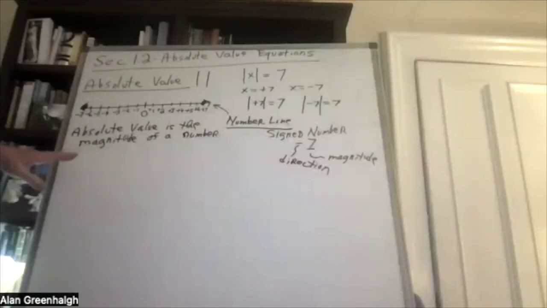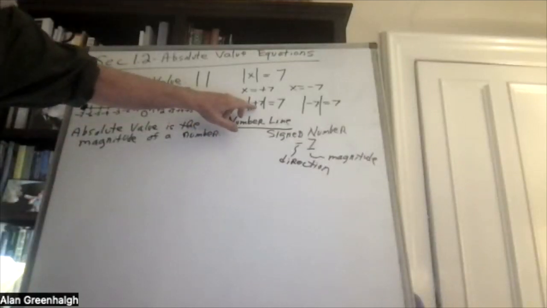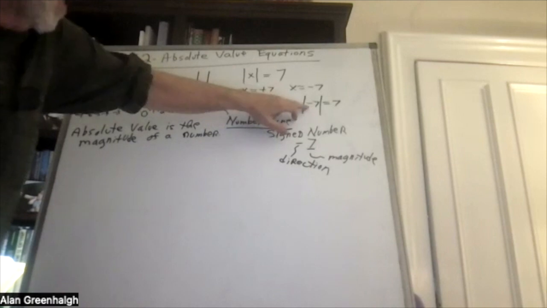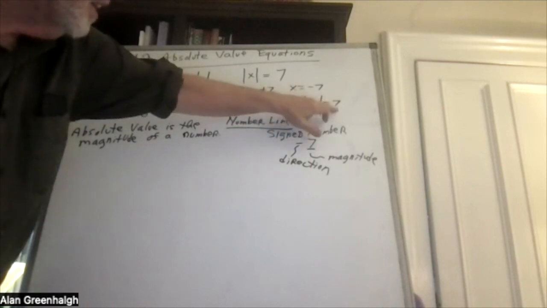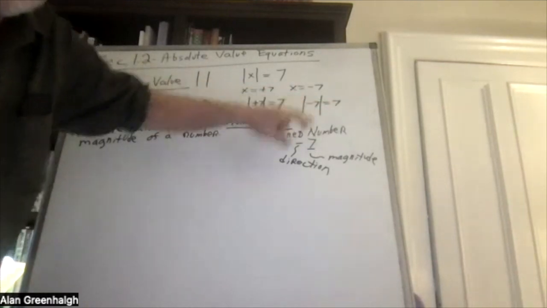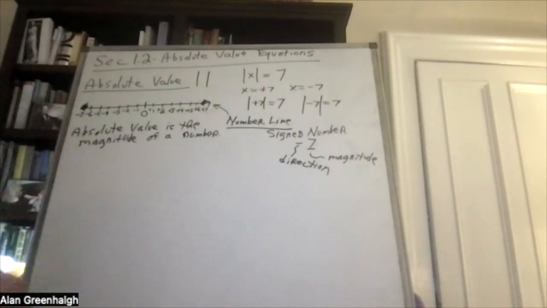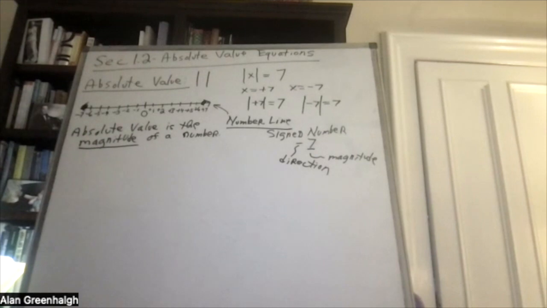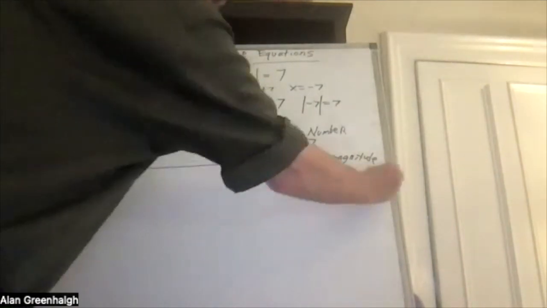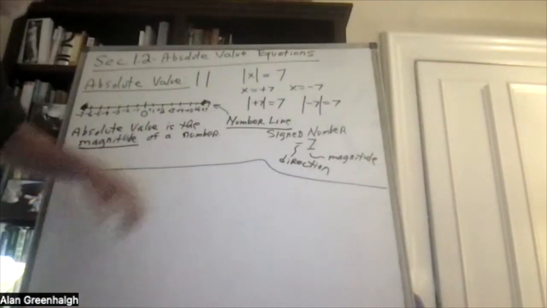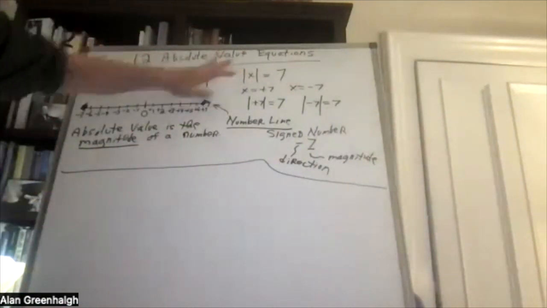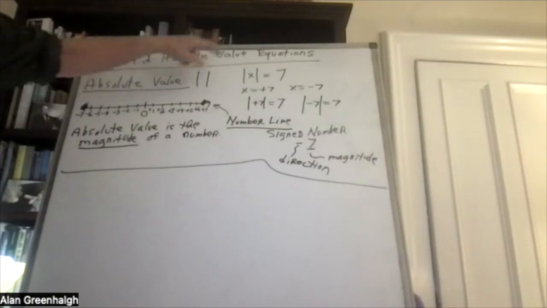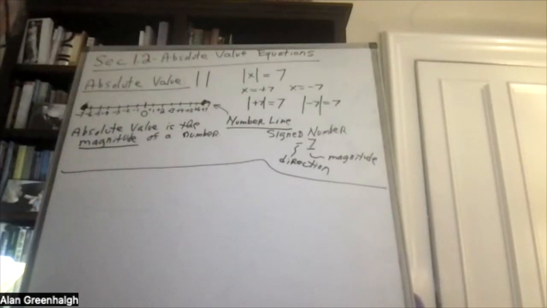So you can see that the absolute value of 7, we don't care about the positive. All we care about is that the number itself is 7. The absolute value of -7 is 7, because we don't care if it's positive or negative. We just care about the magnitude of the number. So that's absolute value. And this is called an absolute value equation. And today we are going to take a look at absolute value equations.